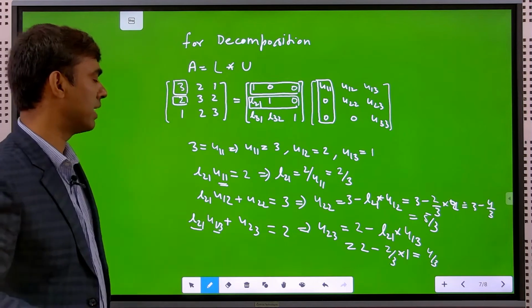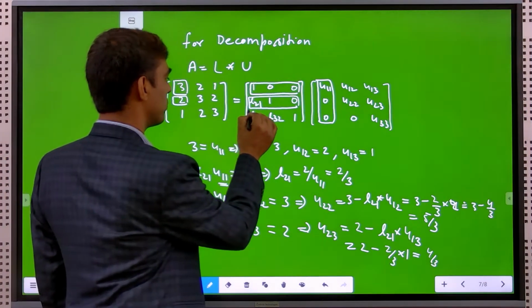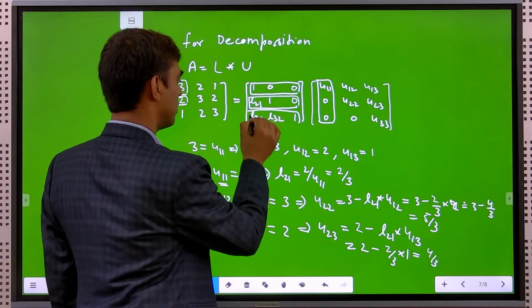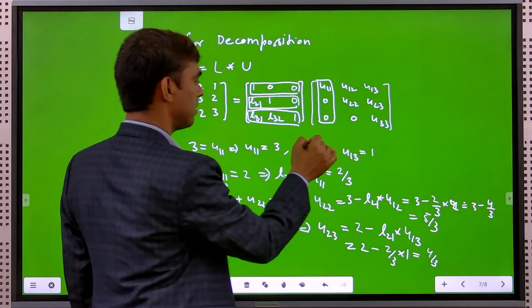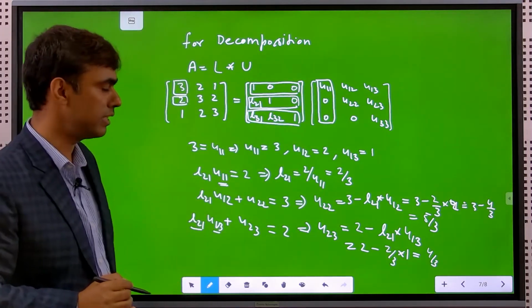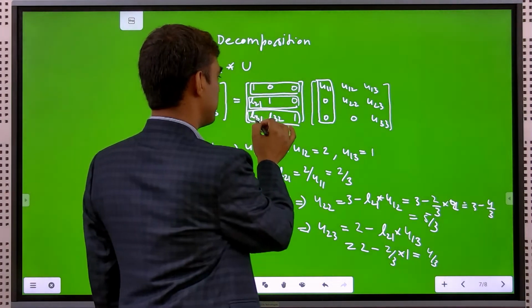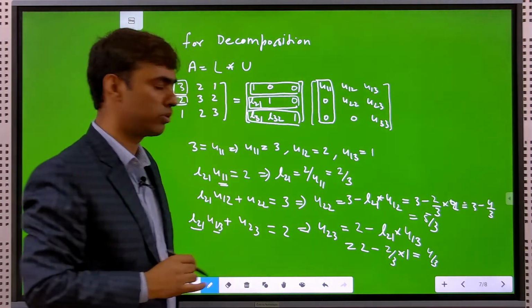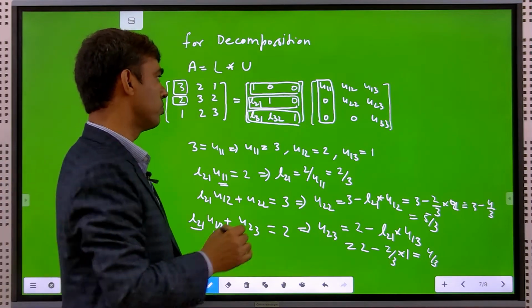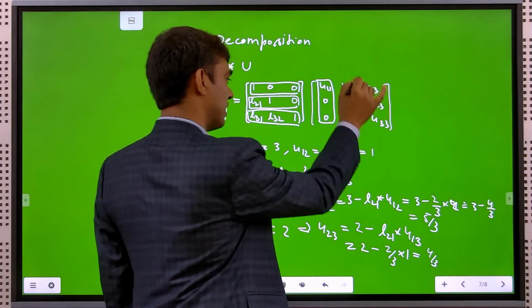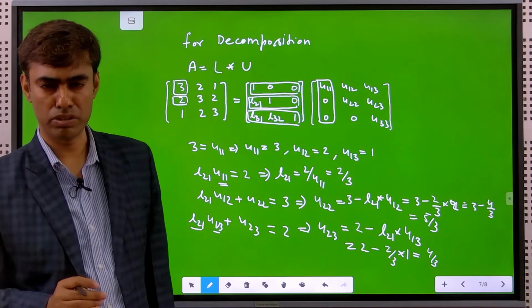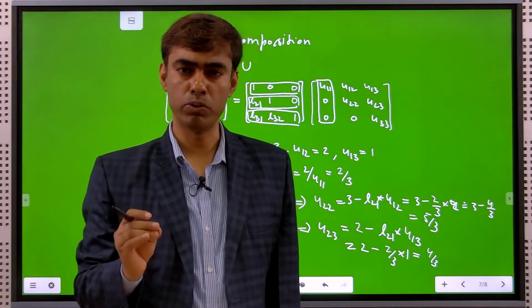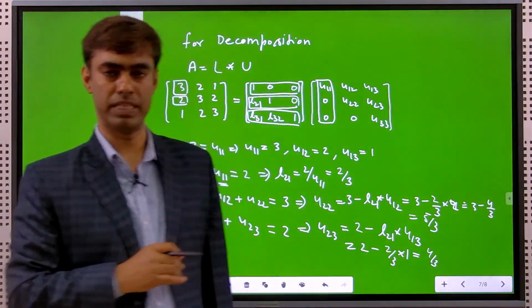In a similar manner, if we multiply the third row by the first column, then we are able to find the value of L31. Then if we multiply the third row by the second column, we find the values of U22, and once we multiply like this, we are able to find all the values of the lower triangular matrix and upper triangular matrix.